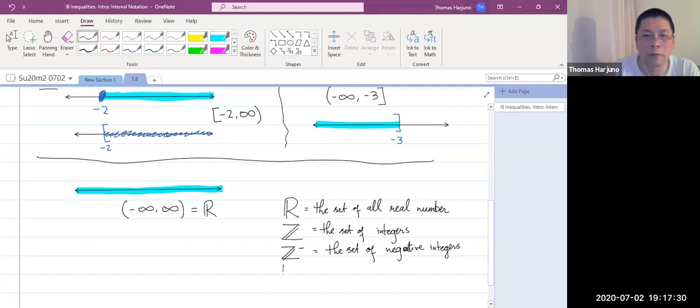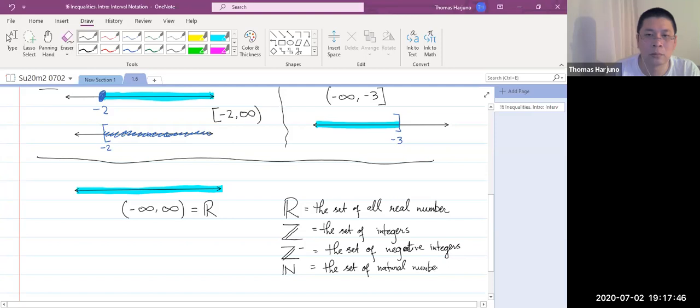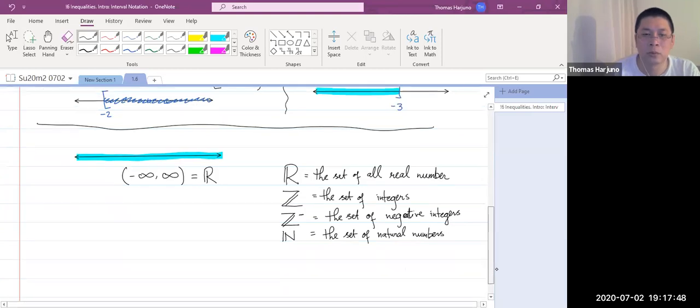Now, if you have a capital N with a double line, that's the set of natural numbers.